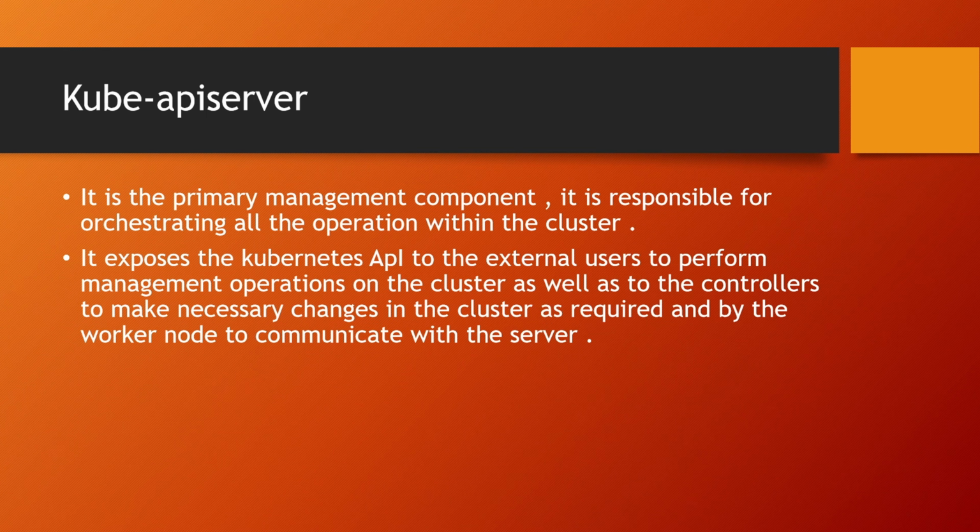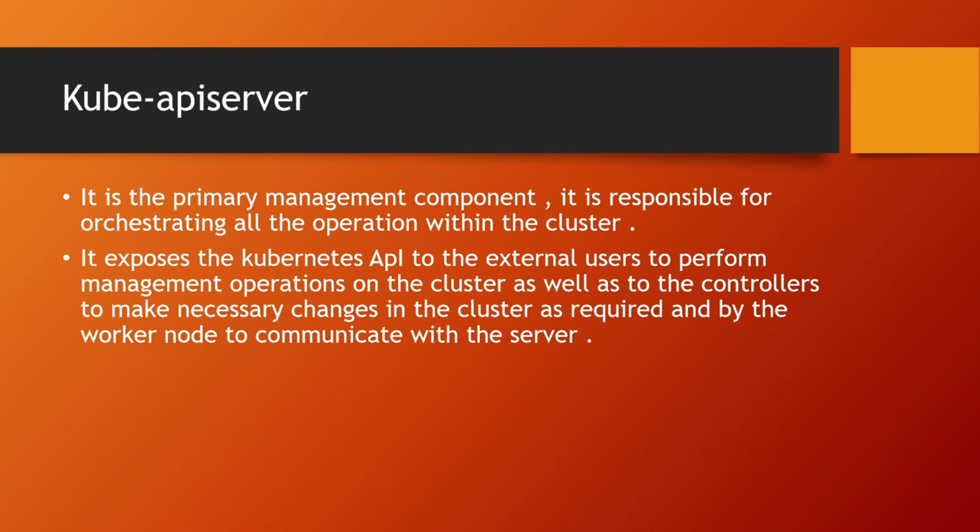In Kubernetes, you will use one of the tools called kubectl. Whenever you are trying to get the number of nodes, you will run the command kubectl get nodes. That kubectl command run by the end user is directly interacting with the Kube API server, and it is giving you the information you are asking for.